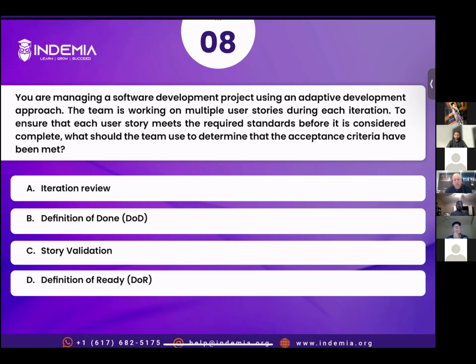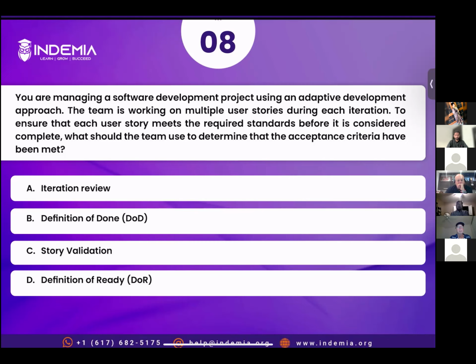All right, Manmeet, what's wrong with option A, iteration review? How is C different from A? Iteration review, I think, is to test the whole iteration.